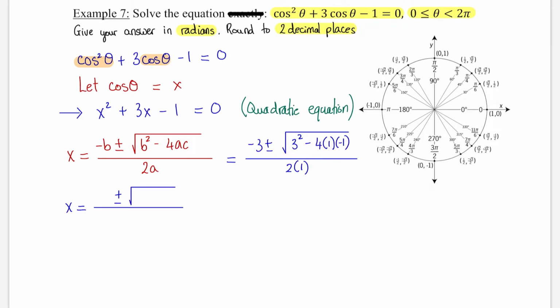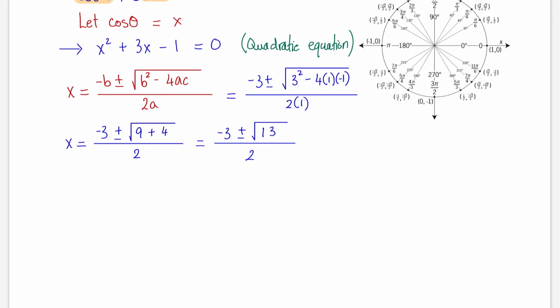I am going to simplify the part inside the square root. I have 9. Negative 4 times 1 times negative 1 is positive 4. Then I'll have negative 3 plus or minus square root of 13 over 2. That means my x is either negative 3 plus square root of 13 over 2 or negative 3 minus square root of 13 over 2.